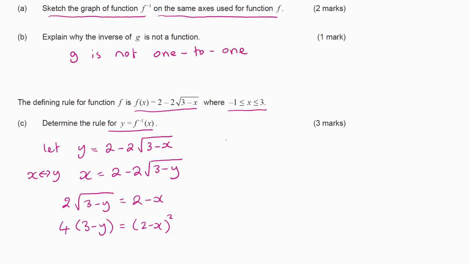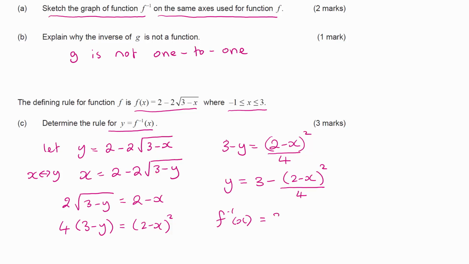So that gives me that 3 minus y is 2 minus x squared divided by 4. And rearrange that to give y is equal to 3 minus 2 minus x all squared divided by 4. And therefore the inverse function is 3 minus 2 minus x squared divided by 4.